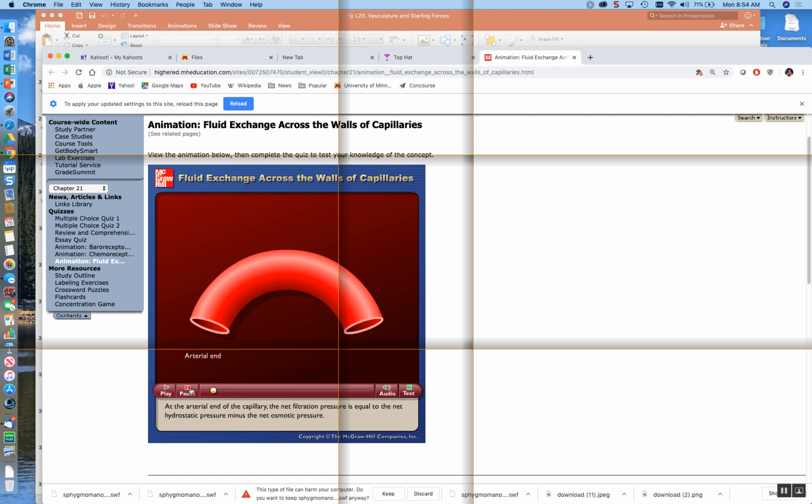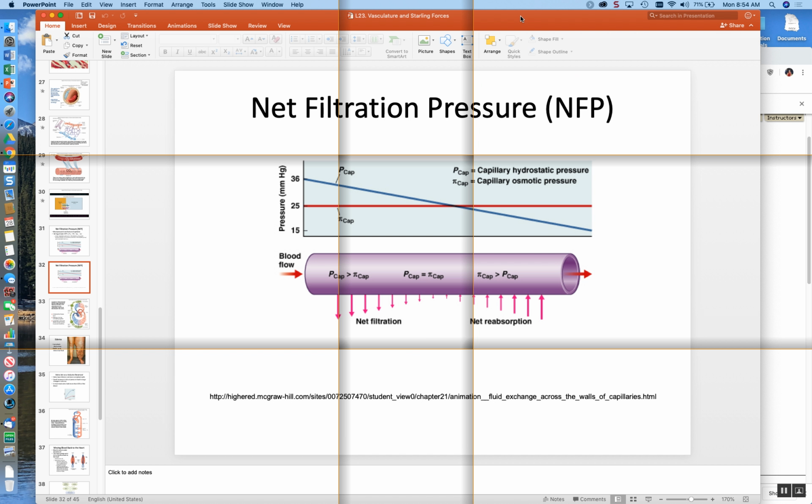That would be the net hydrostatic pressure. Or I'm going to give you all of the parameters. Oncotic pressure is, again, the osmotic pressure of the larger blood proteins in the capillaries and in the interstitial fluid.